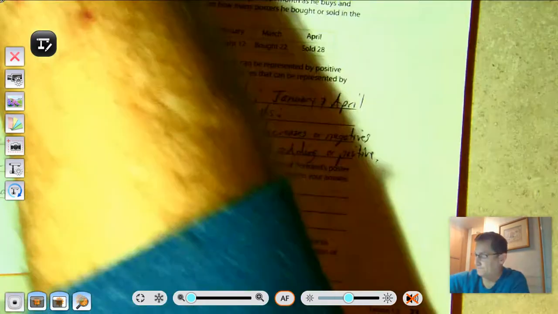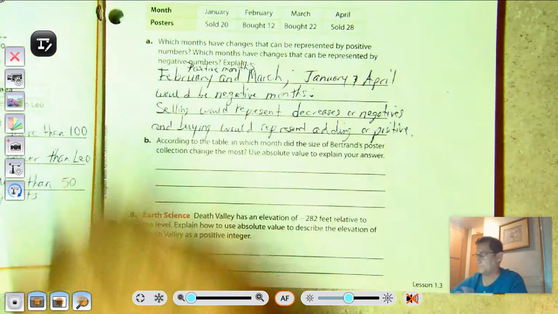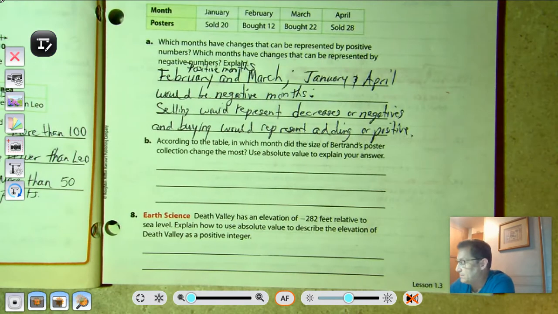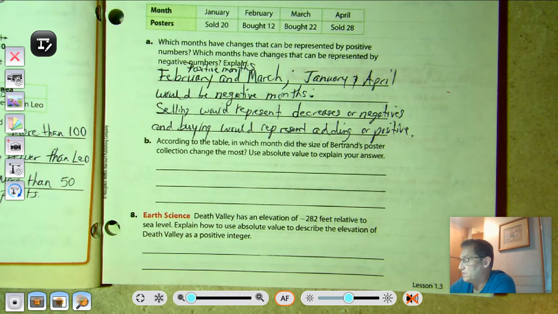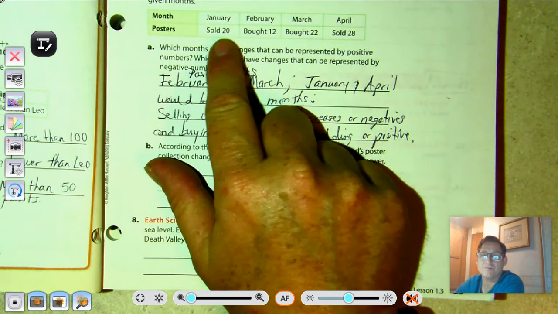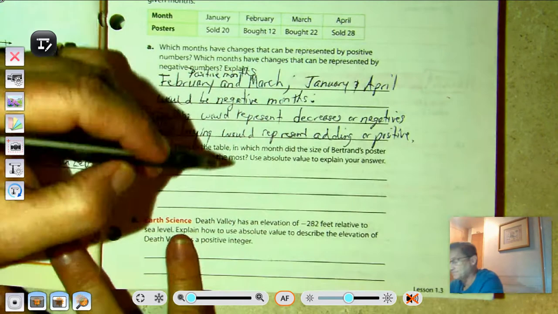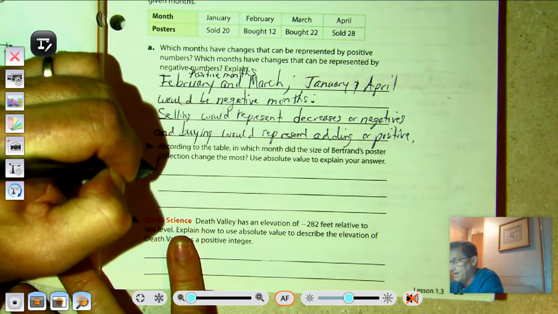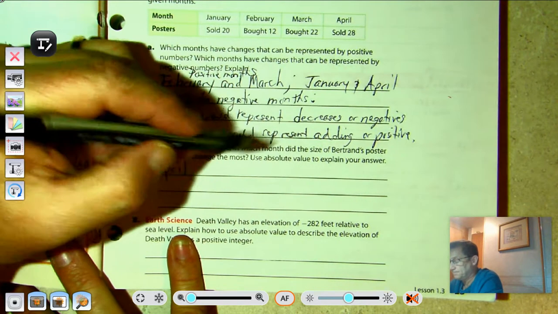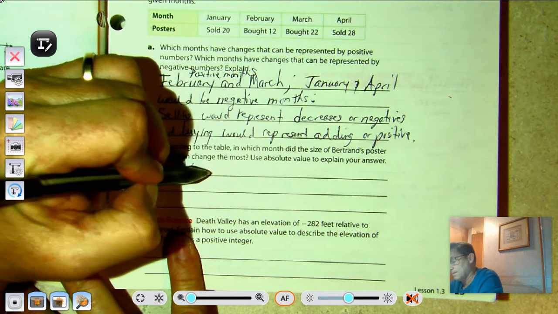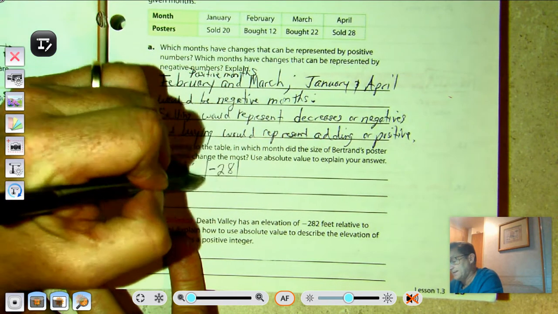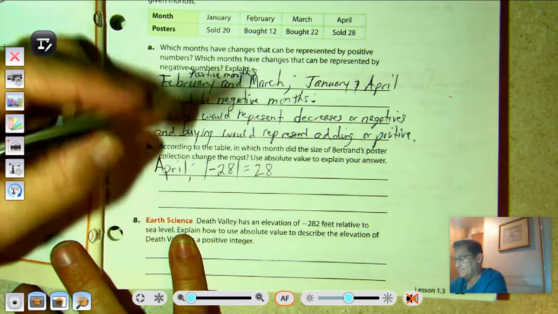According to the table, in which month did the size of Bertrand's poster collection change the most? Well, which one has the largest absolute value? 20, 12, 22, 28. 28. April, minus 28 equals 28.